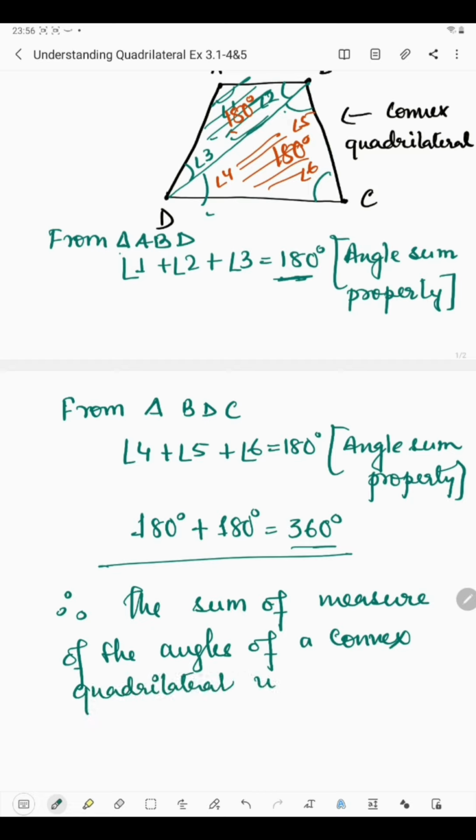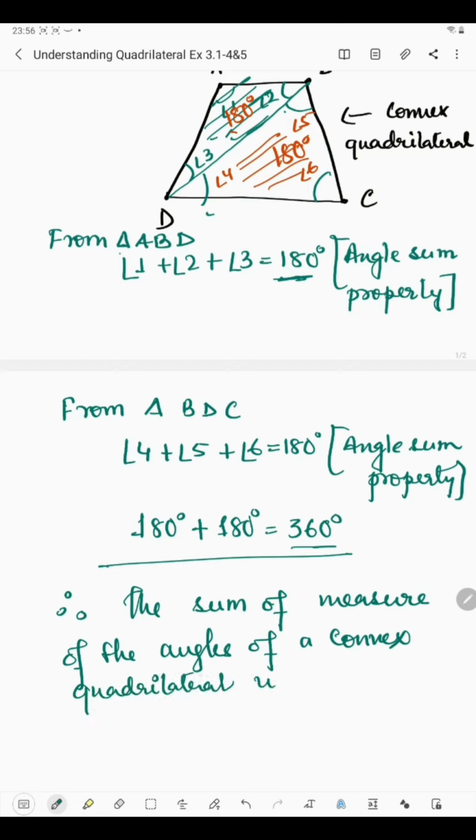Now we will check whether the sum of angles of a concave quadrilateral is 360 degrees or not. For this we will divide the concave quadrilateral into two halves. Now each part has become a triangle. Now let us find the sum of angles of this triangle.